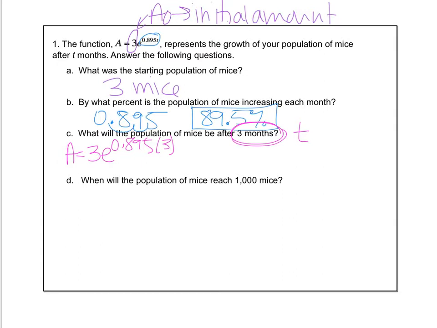Remember when you could just plug it all in your calculator? This whole thing just goes in your calculator, and you tell me an answer. Should you have a decimal amount of mice? No. So you're going to want to round it to the nearest whole number. I believe if you plug it in, you should get 44 mice as your answer.